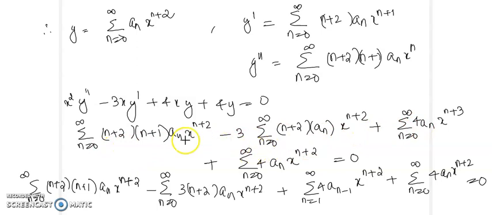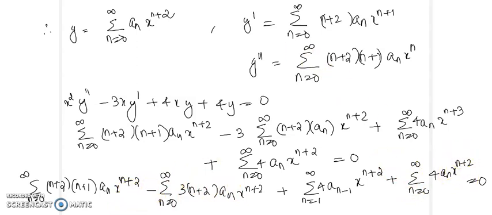Now here in the first series we have x raised to n plus 3 in one of the terms. I am making the power x raised to n plus 2, so the sum will start from 1 to infinity. So I will start all the sums from 1 to infinity and take the extra terms to the right side.